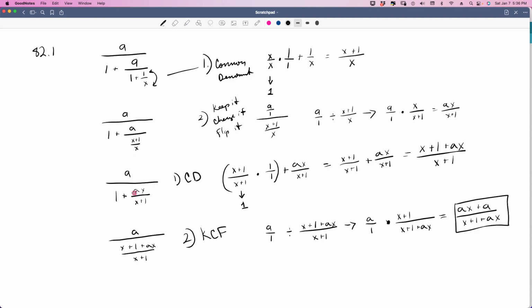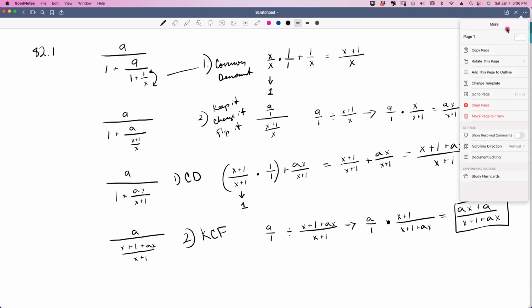Once you turn that into an expression, you have to find another common denominator if there's an operation here. So just keep looking for those clues and keep simplifying using those two methods, common denominator and keep it, change it, flip it. Let's do 82.2, and then we are done with lesson 82.